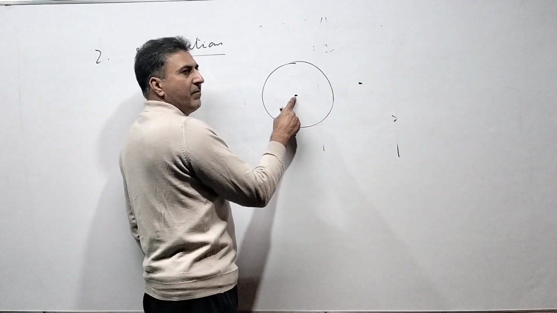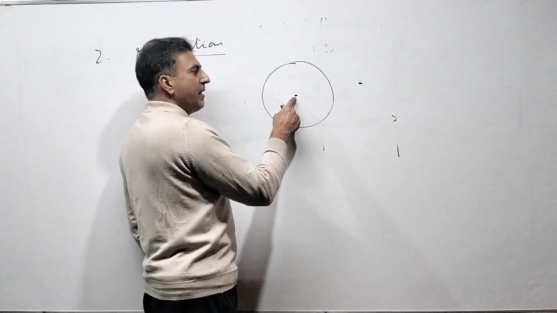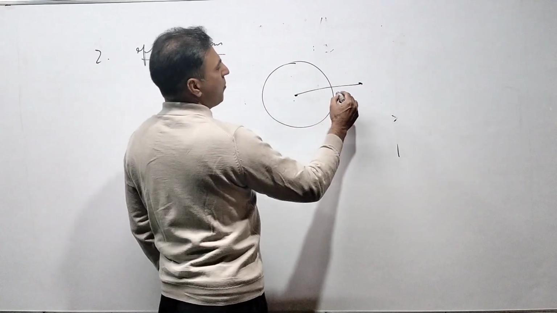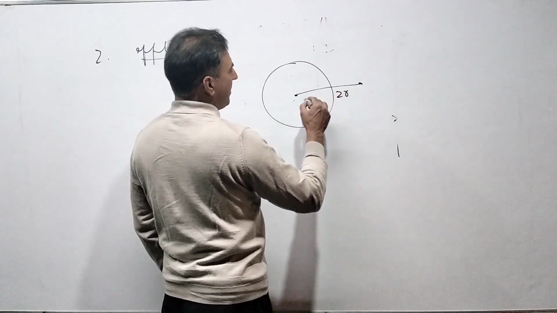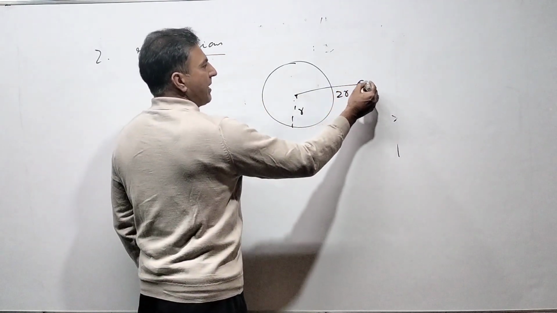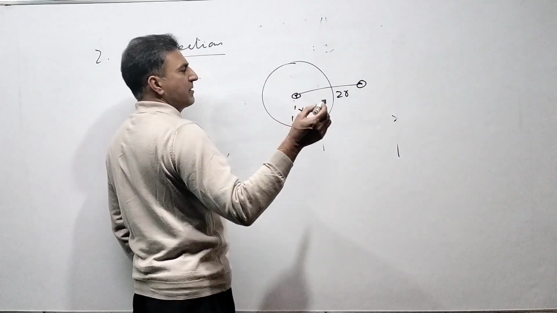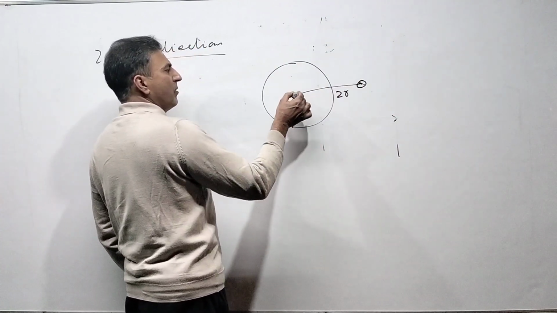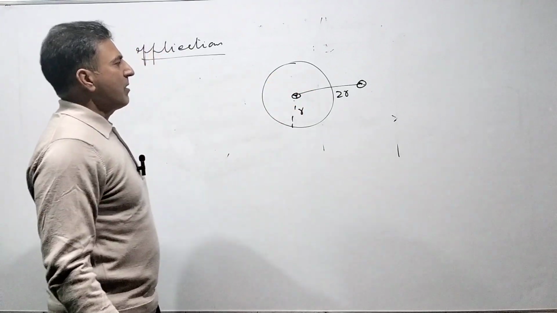Here also the line which passes through the center of mass is perpendicular to the plane of the board. And the distance between the two is, okay, suppose 2r. R is the radius of the ring. This is an axis here and this is also an axis. O means a line out of the plane of the board.